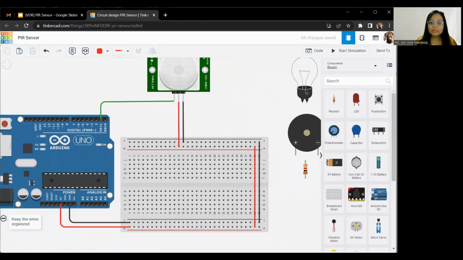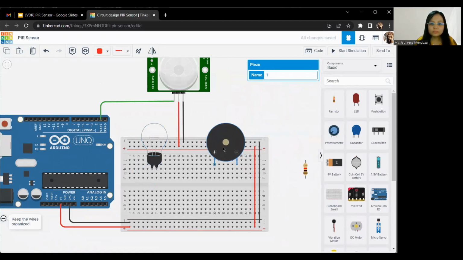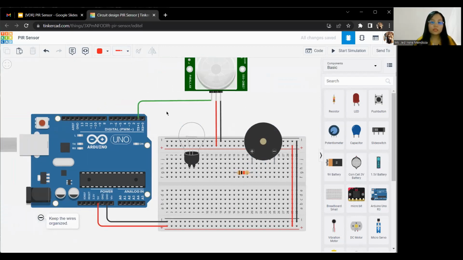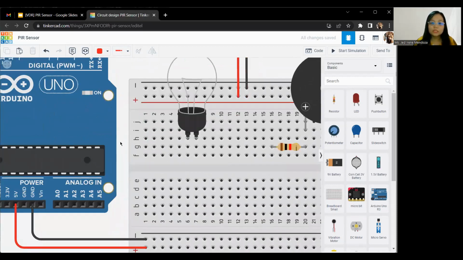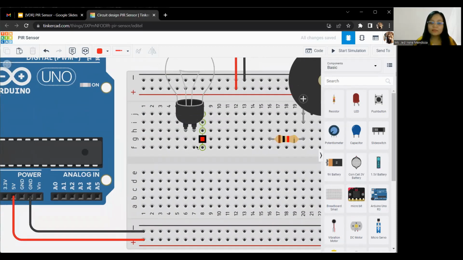So we will add here a light bulb and then, of course, the piezo and the resistor. So for the resistor, we need to connect it to the piezo. So this is how we're going to connect each of the components. For the light bulb, we have 2 terminals, the right side and the left side.